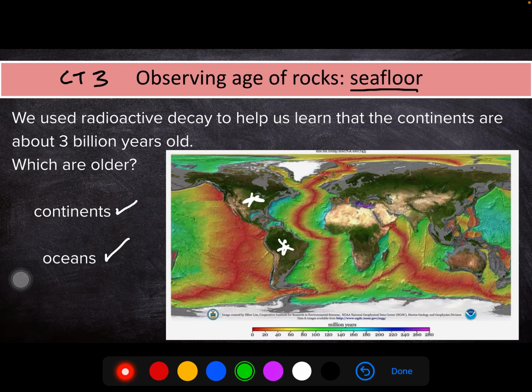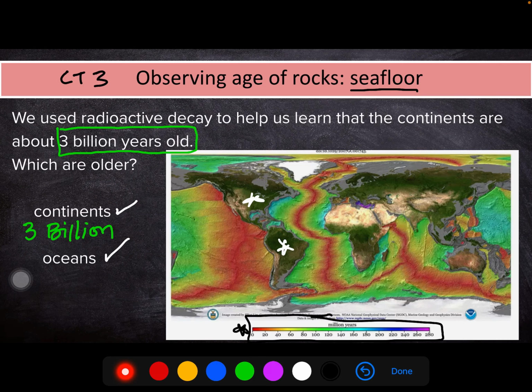It's an estimation that on average the continents are around 3 billion years old, whereas the oceans, if we look at our scale down here, range from 0 million years old to 280, depending on what you're looking at, up to 350 million years old.